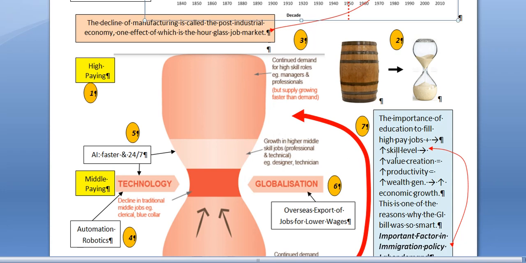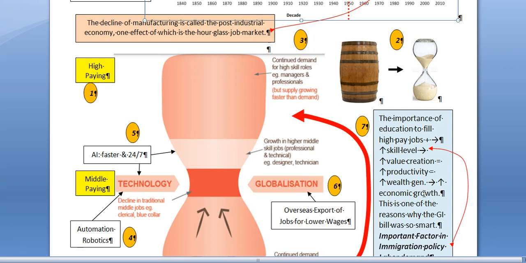Also, fundamentally, as you increase skill education, you increase skill level. As you increase skill level, you increase value creation, which is increased productivity, which is increased wealth generation, which means increased economic growth for our nation.